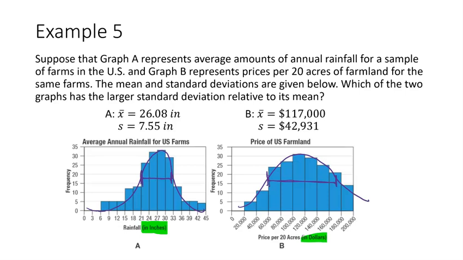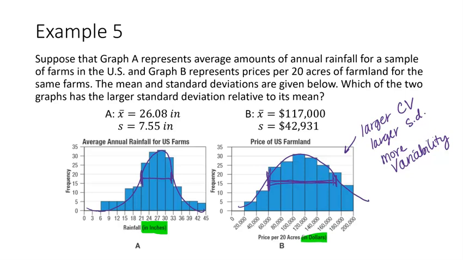I would venture to guess that this graph is going to have a larger CV, a larger coefficient of variation, and a larger standard deviation, more variability. And I'm going to assume that, guess that, because the middle chunk of my data is spread out more in the second graph than it is in the first.